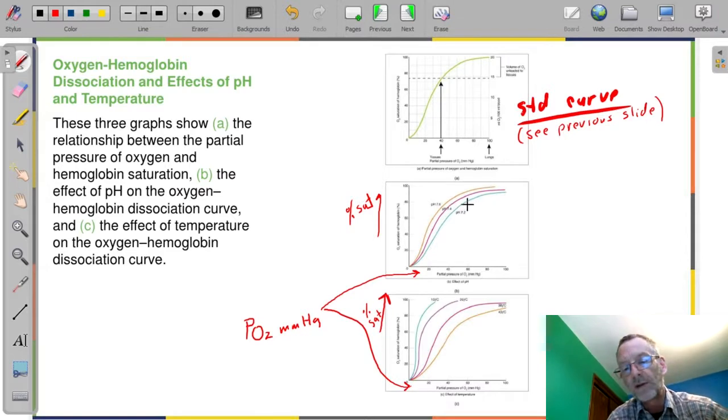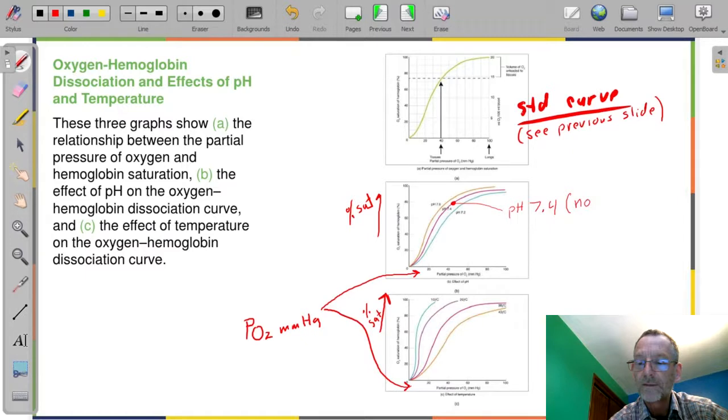So you should be able to see a blue line on the bottom, pink line in the middle, gold line on top. Okay. So the middle line is representing normal pH. So the pH is 7.4, halfway between 7.35 and 7.45.